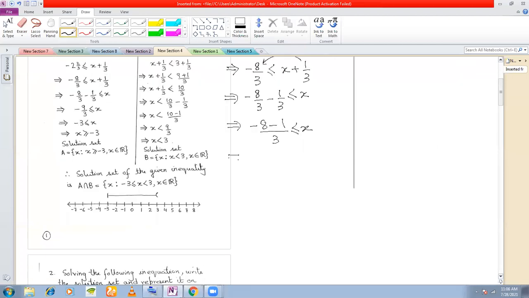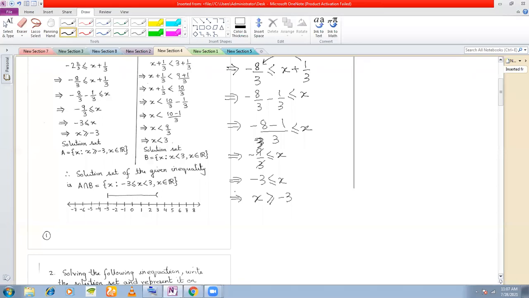That means -9/3 is less than or equal to x. Cancel here. Minus with 3 you cancel. So you get -3 less than or equal to x. Now you want to bring x to the other side, that is, left-hand side and right-hand side we want to reverse. So we have to reverse the sign of the inequality also. This becomes x greater than or equal to -3. Okay.